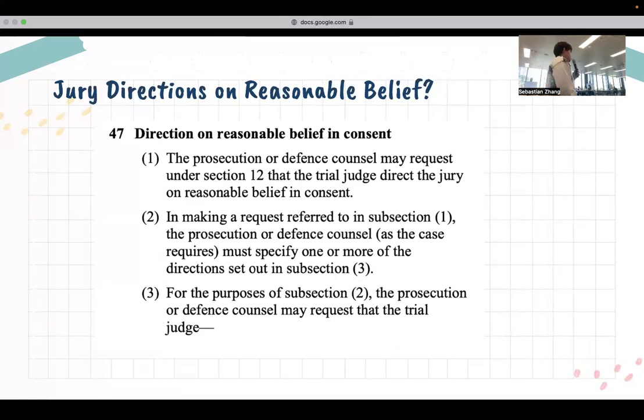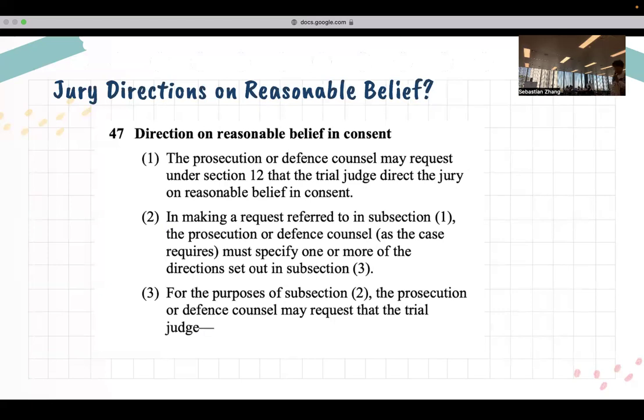I'm going to leave the rest to you guys to read through the case law, but I'm going to highlight the jury directions again. So if you want to raise a direction under JDA, you're looking at Section 47(1) on reasonable belief in consent. Okay, then there will be one or more of the directions set out.